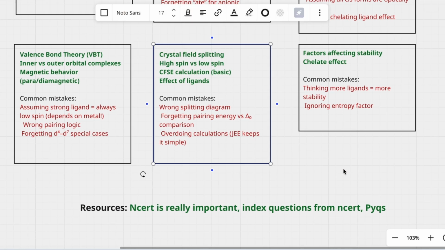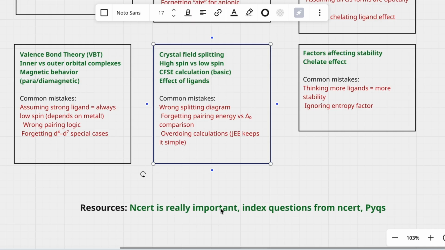And then coming to the resources, as I always say, NCERT is really important for chemistry, and especially for this chapter you don't have to study from any other resources. NCERT is enough. There are really good questions in the exercise. I've often seen JEE Mains asking questions from the exercise questions given in the NCERT, so make sure you complete all those questions.